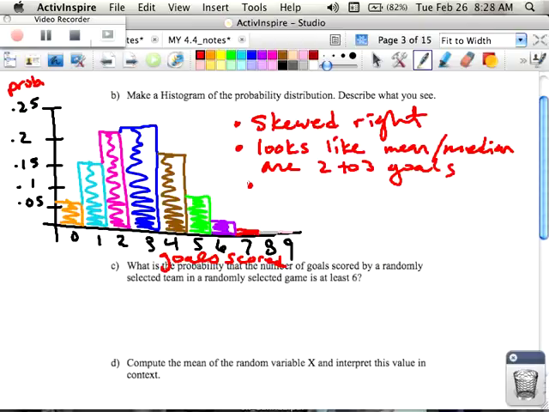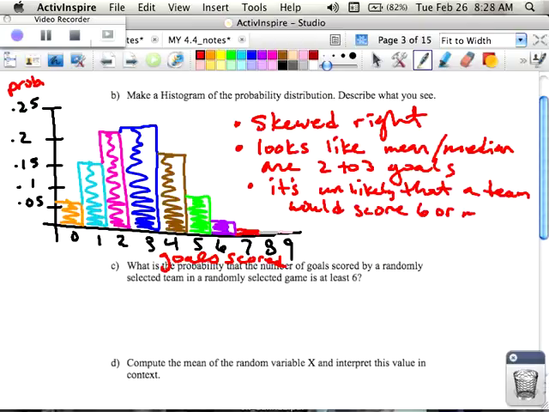To me, if I was going to talk about something, it's unlikely that a team would score 6 or more goals. That's where it really dropped off fast. Maybe you could even say 7. That's kind of the main things I see.